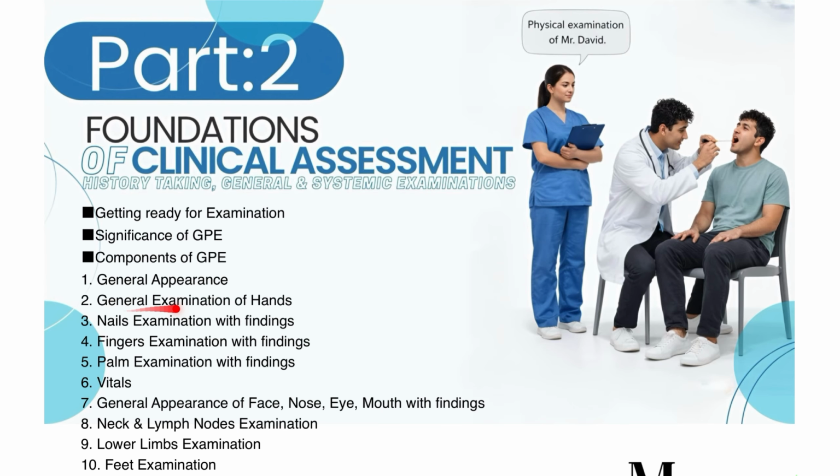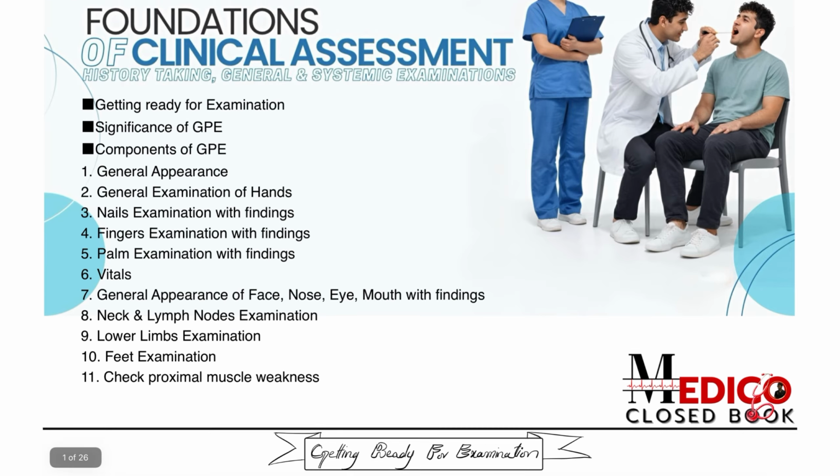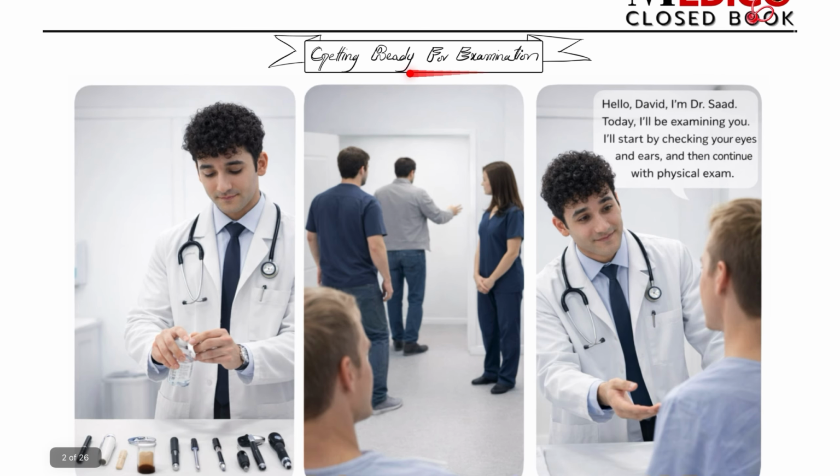We look at the general examination of hands, nails examination with findings, fingers, palm examination with findings, and then we look at the vitals, and then general physical appearance of face, nose, eye, mouth, and then we discuss the findings of these components: neck and lymph nodes examination, lower limbs examination, feet examination, and then at the end we check for proximal muscle weakness.